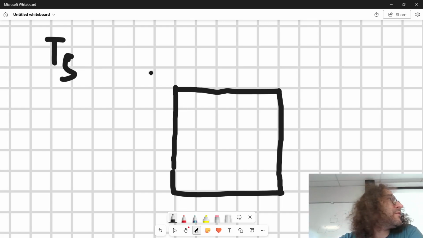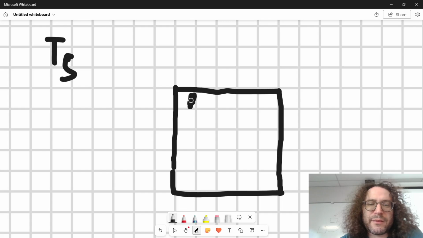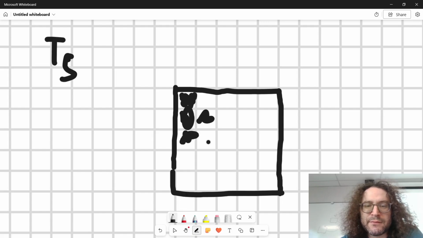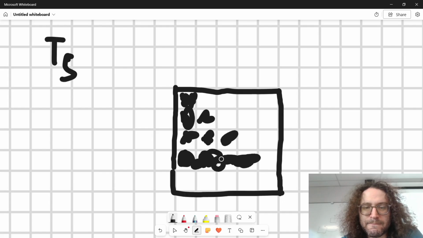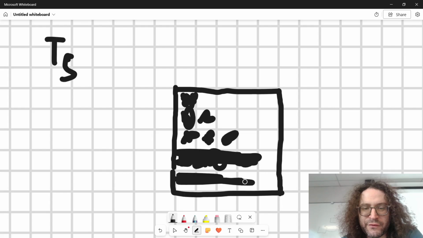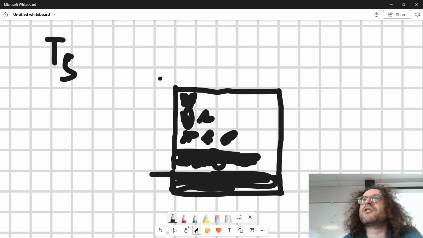So if we're looking at the triangular number 5, we've got 1 plus 2 plus 3 plus 4, right? And then plus 5. You get the picture there. So I've covered 1 square, 2 squares, 3 squares, 4 squares, 5 squares.